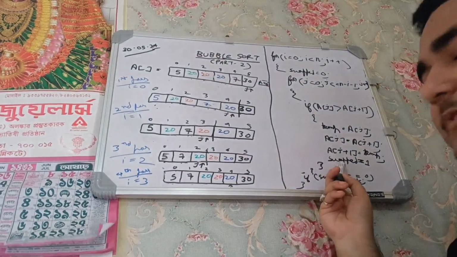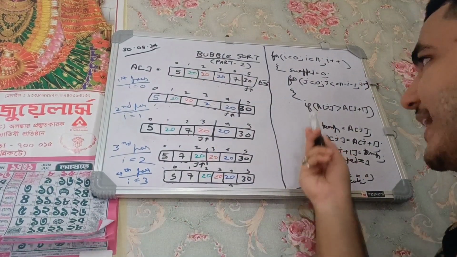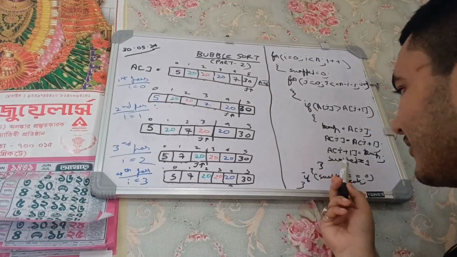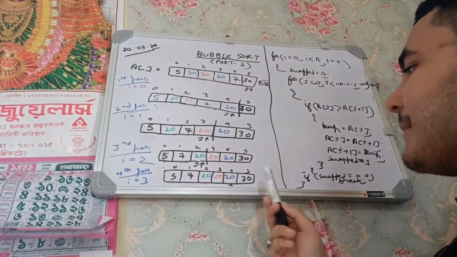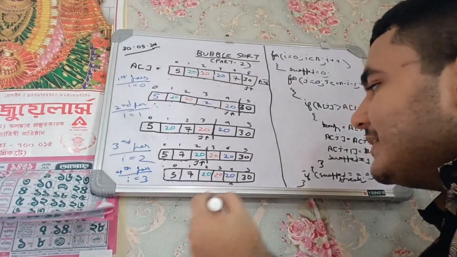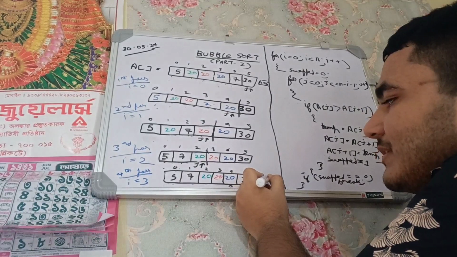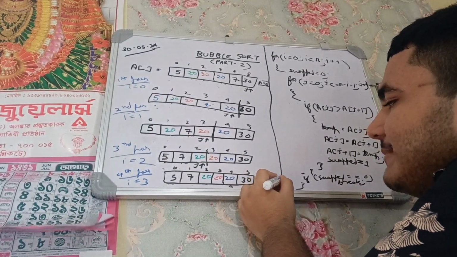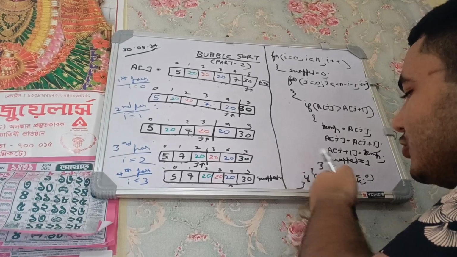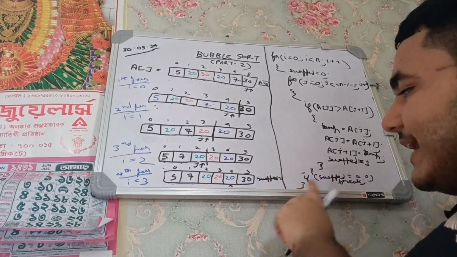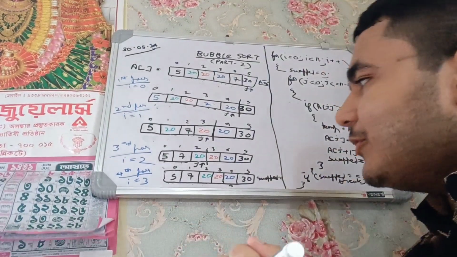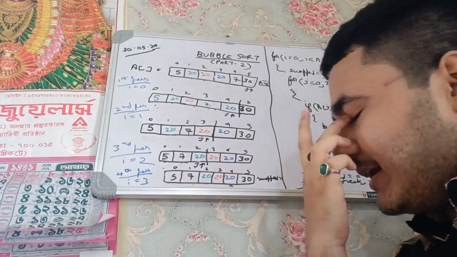Therefore, swapped turned 1. But here, swapped remains 0. And so, if swapped remains 0, then the loop terminates and we come out of the I loop. So, therefore, this is the final sorted array.